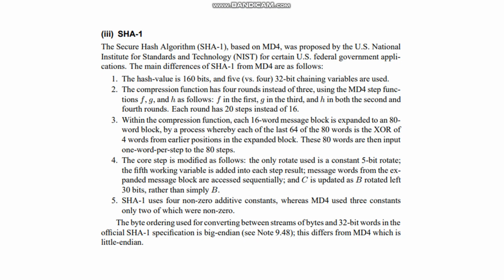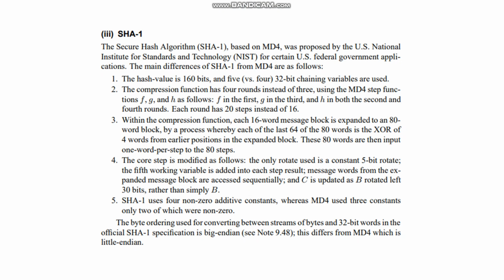To the 80 steps, the core step is modified as follows: the only rotate used is a constant 5-bit rotate. The fifth working variable is added into each step result. Message words from the expanded message block are accessed sequentially, and C is updated as B rotated left 30 bits rather than simply B. SHA-1 also uses 4 non-zero additive constants, whereas MD4 used 3 constants, only 2 of which were non-zero.